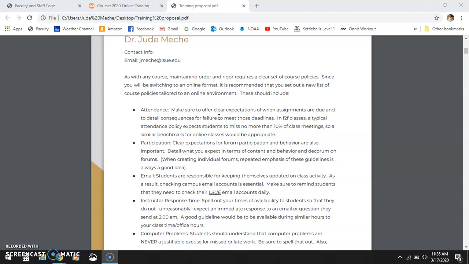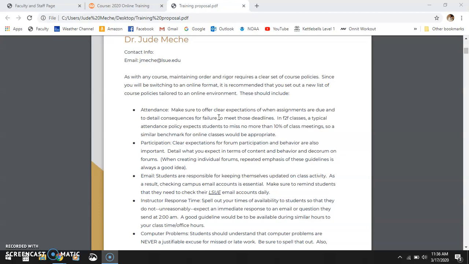So you want to spell out what you're looking for. A good rule of thumb is to explain to students that they need to add something substantial to the conversation, not just echo approval or something like that. Maybe give examples of forum posts that are good and forum posts that are not good.